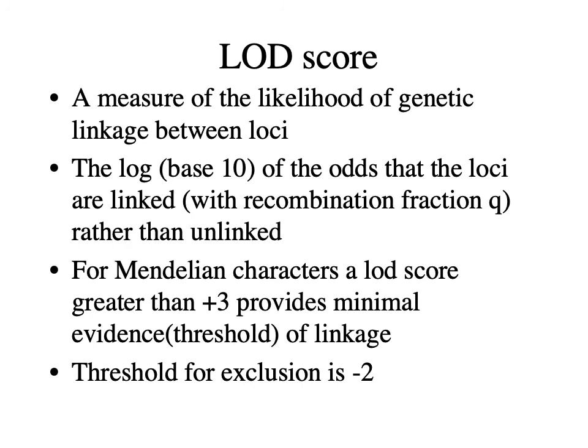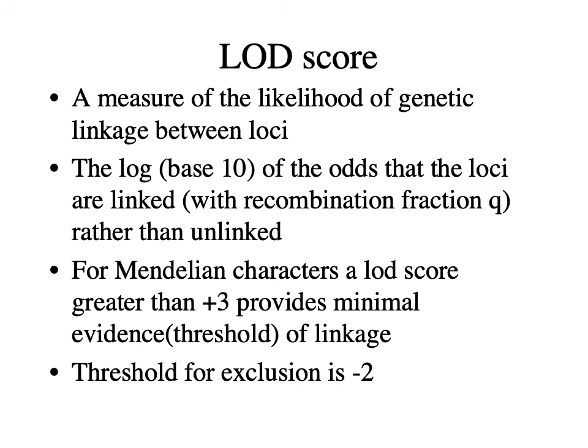They then express the ratio of these probabilities as a logarithmic value called a LOD score. Sometimes this is written capital LOD, and sometimes lowercase. A LOD score is the measure of the likelihood of genetic linkage between loci. And when I say mathematical, I really mean it's statistical, because it's a probability function.